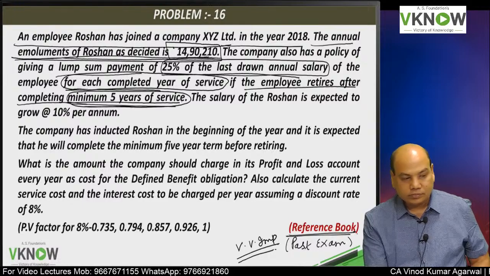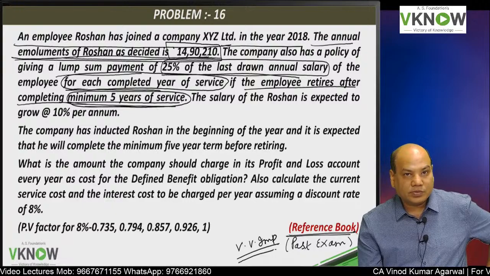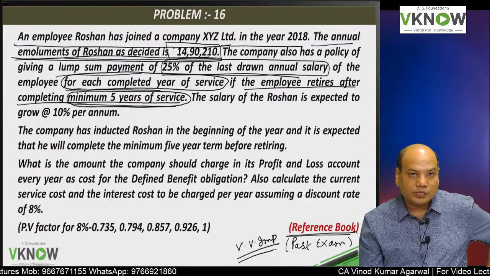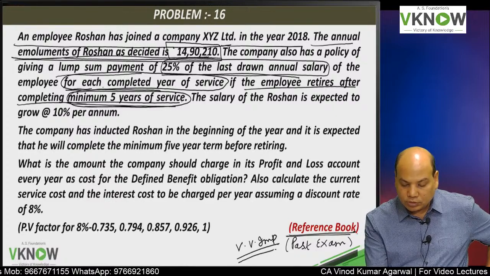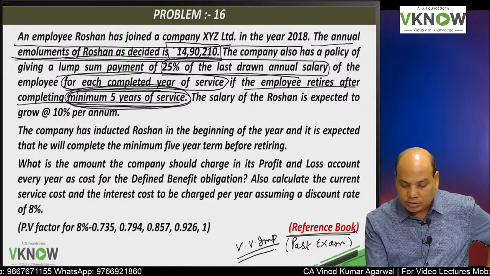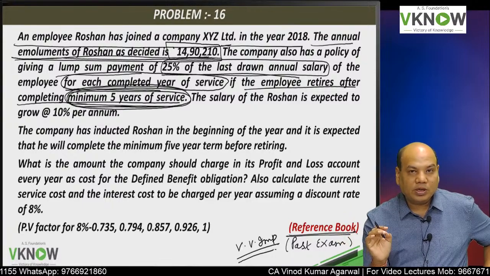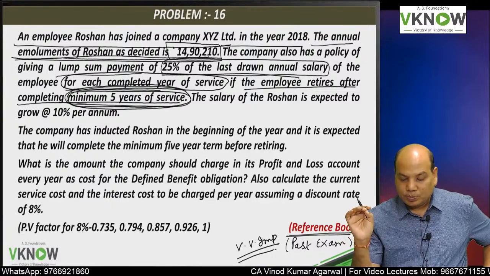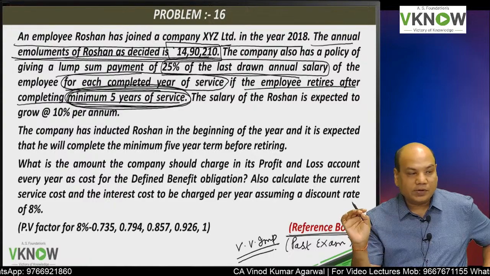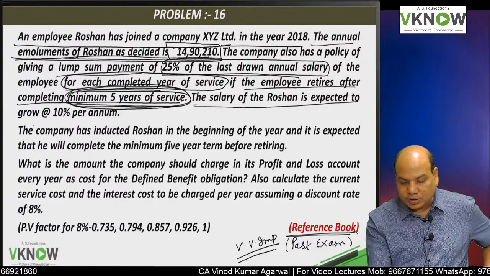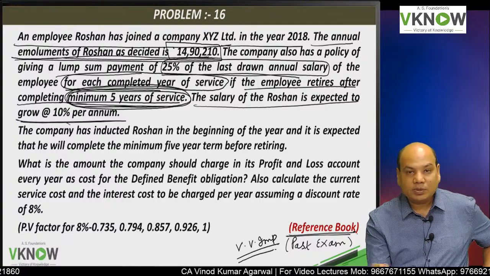Please underline minimum 5 years of service. The employee has to first complete 5 years of service, then only he will be entitled to this benefit of 25%. Salary of Roshan is expected to grow at the rate 10% per annum.